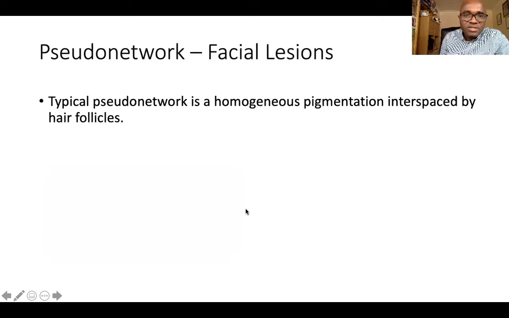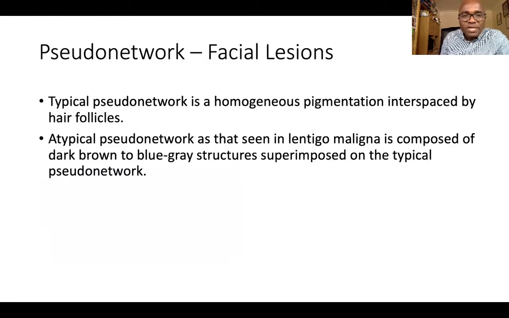So in facial lesions, the pseudo network is a homogeneous pigmentation interspaced by hair follicles. Atypical pseudo network, as seen in lentigo maligna, will have dark brown to blue-gray structures superimposed on the typical pseudo network.